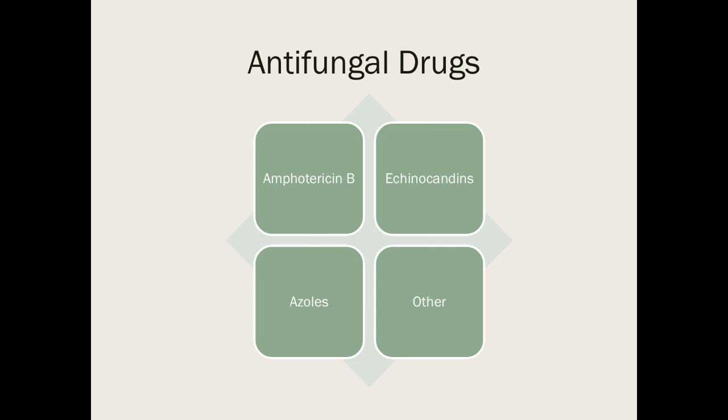For four broad categories of antifungal drugs, we've got amphotericin B, which is its own drug. We've got azoles, which are a broad category of drugs. We've got echinocandins, a broad category of medications, and then other antifungal medications that don't quite fit into one of these boxes.